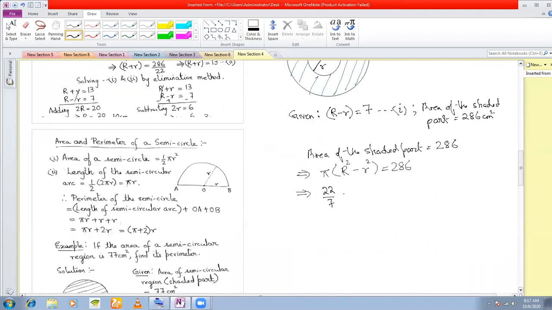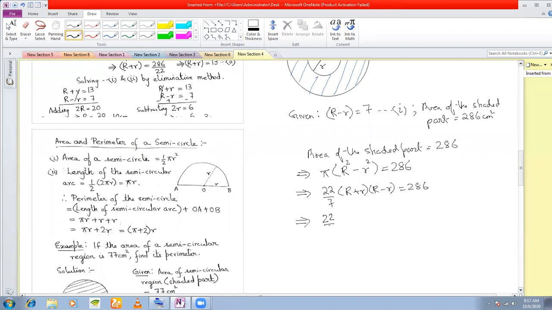And R square minus r square is the difference of two squares. So I can write this as a plus b into a minus b. So R plus r into R minus r is equal to 286. Okay. Next, you can multiply this or you can put the value here. R minus r is given to you as 7.